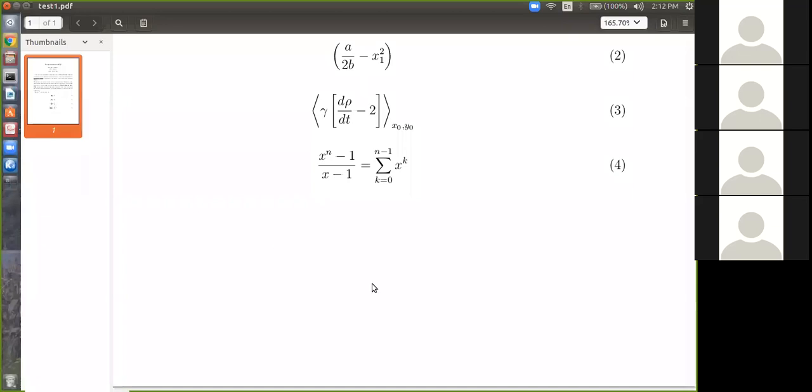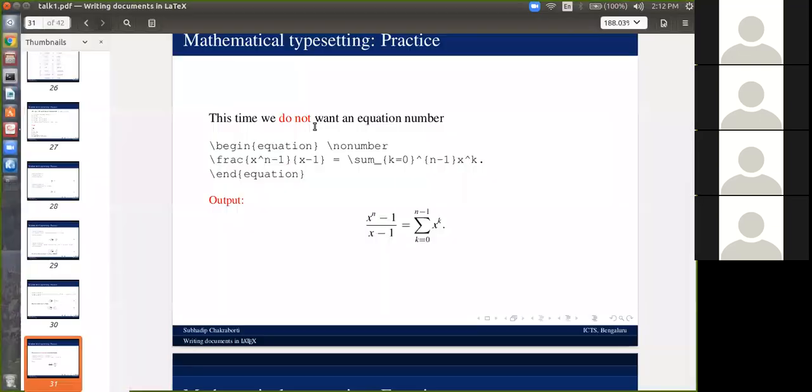Any question till now? Semanti, any question in the comment box? Let me please check. Yeah, there are questions. Should I stop sharing? There is a problem in producing double column.